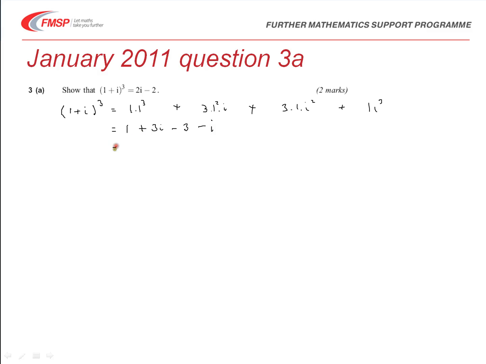And so collecting the terms together, we get two lots of i, a 3i minus i, and then 1 minus 3, which gives us minus 2, as required. 2 marks there. One for an attempt at using Pascal's triangle, or a method to determine what (1 plus i) cubed is, and then 1 mark for ending up with the correct result.